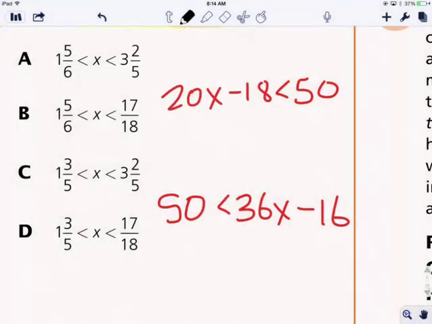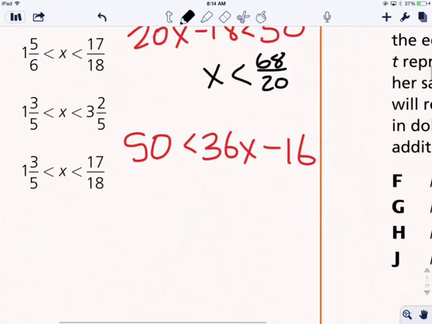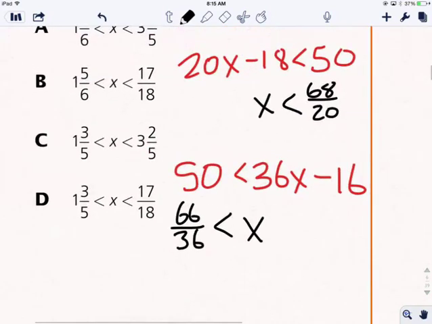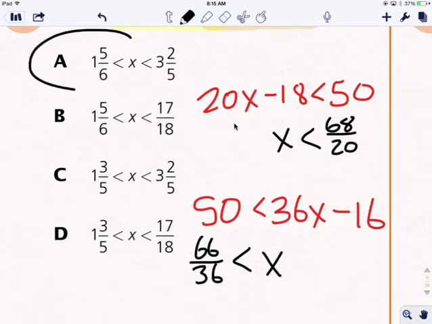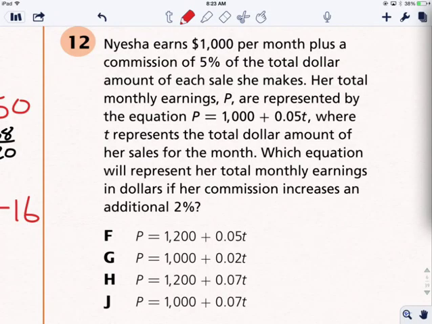When you solve the first one, you'll get 68 divided by 20, and you can simplify that fraction. The bottom one, it looks like you will get x is greater than 66 divided by 36. Both of those fractions you can simplify, and you should wind up with an answer of A.